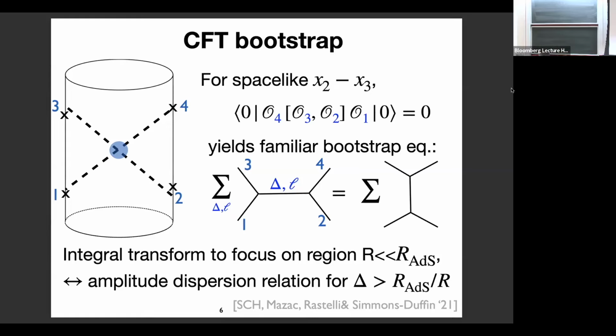The place where holography, the large gap, is important is that you cannot treat the low-lying operators in this way. But in a holographic theory, there are very few low-lying operators, so you can treat them explicitly and separately. So this statement is just kinematical, but in order for it to be useful, you need a theory to mostly have operators with large delta.